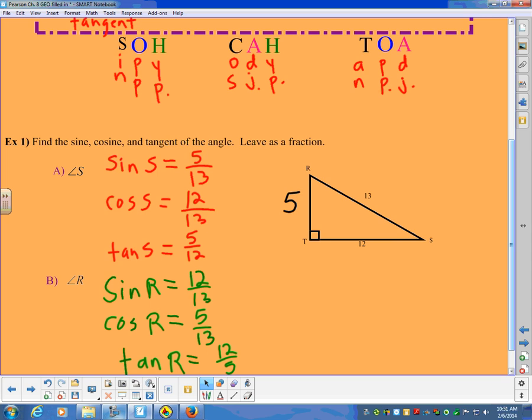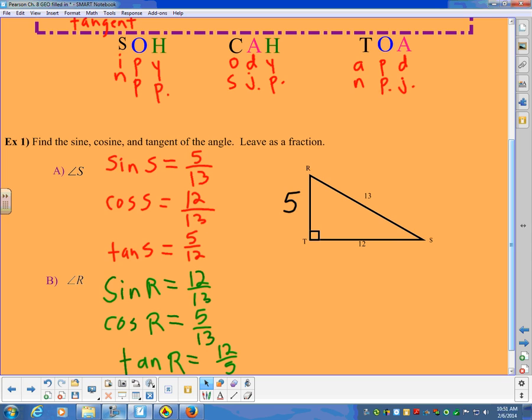Now, how come we are not asking for sine, cosine, or tangent of t? We usually get this question sometime. We're typically asking for sine, cosine, or tangent of the acute angle. Do you have any ideas, Mitchell? Yeah. That's part of it. That's the right angle. We typically don't ask for sine, cosine, or tangent of the right angle. If we were to say, okay, what's the sine of t?